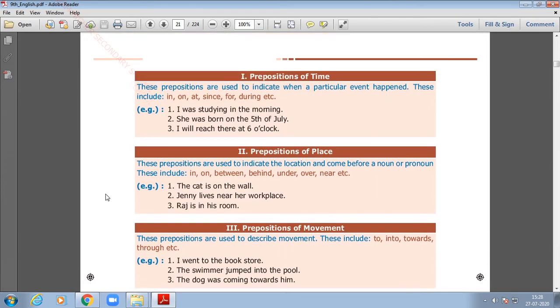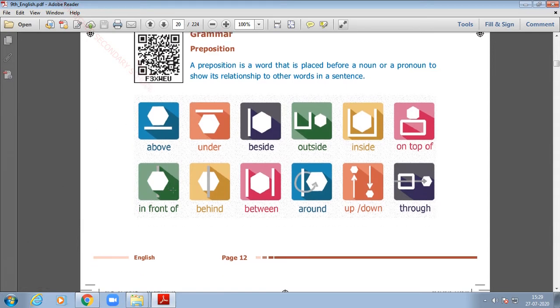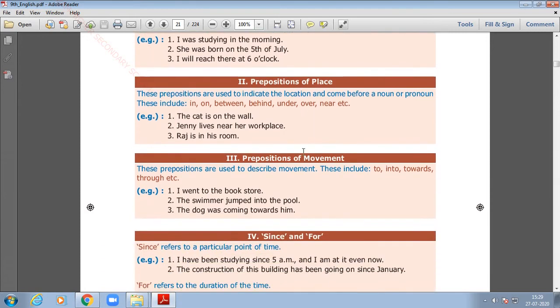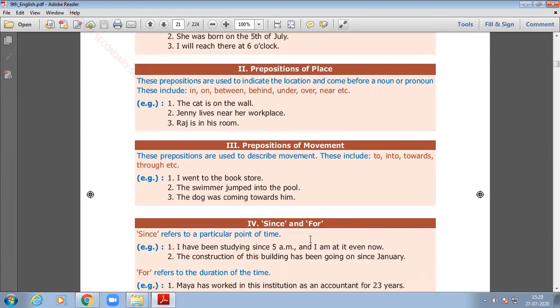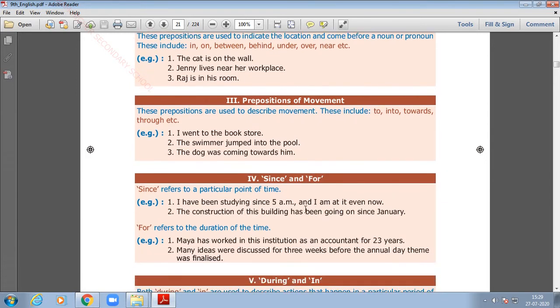Okay, now this is very important. Look at the pictures here, try to identify prepositions of time, prepositions of place, prepositions of movement, and the most confusing part, since and for. When you have to use since, that started once upon a time and is still going, and for a particular period you use for there.